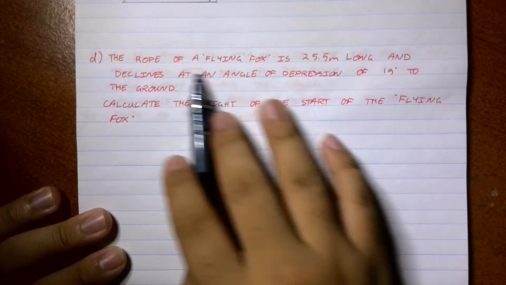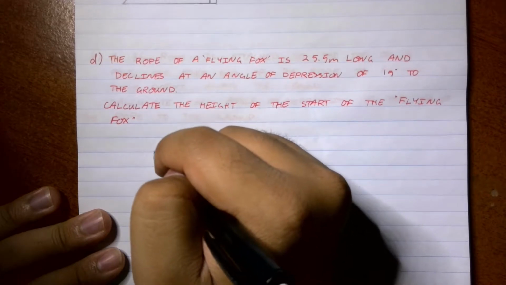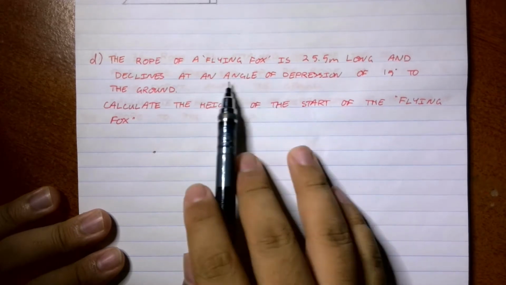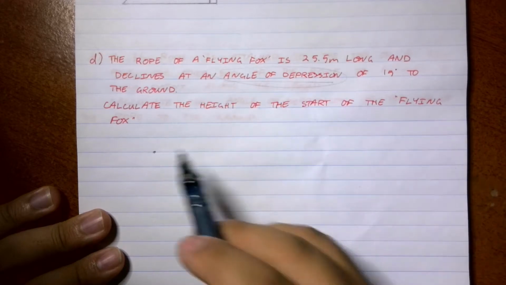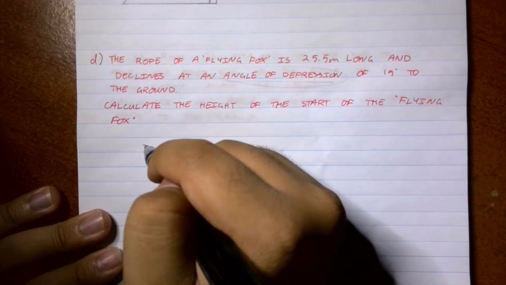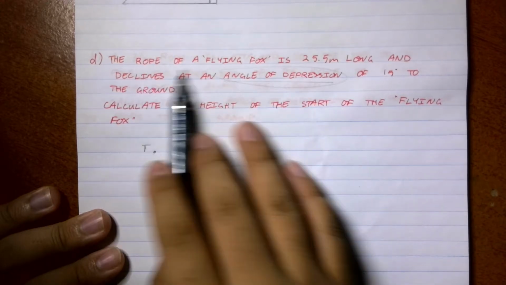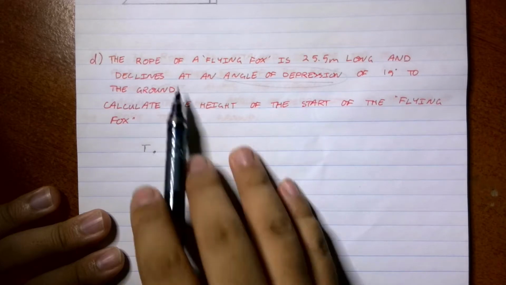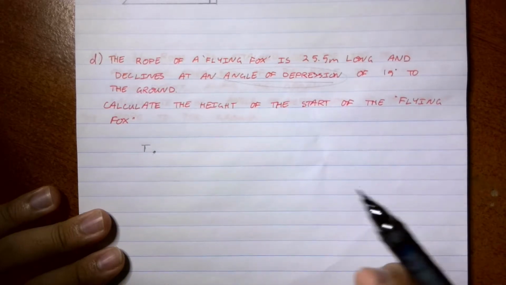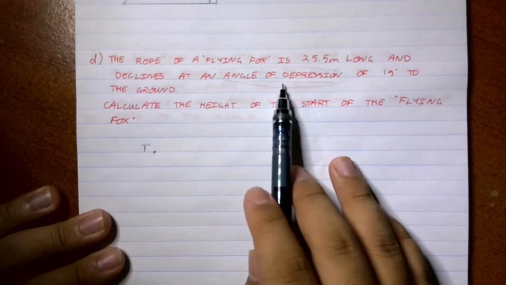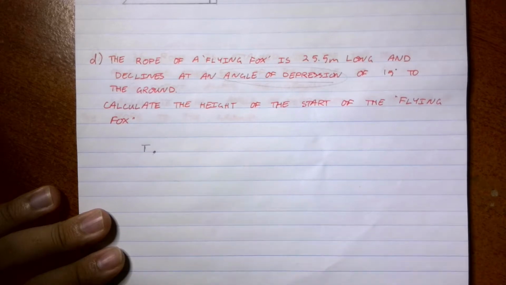Okay, so a flying fox would start somewhere at the top here. We already know it's starting from top and bottom because we have an angle of depression. So let's say this is the top, T for top. The rope of the flying fox is 25.5 meters long and declines at an angle of depression of 15 degrees to the ground.